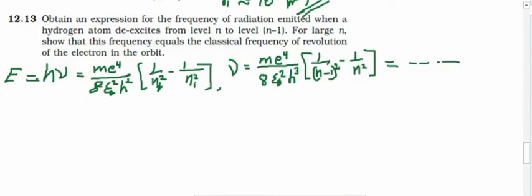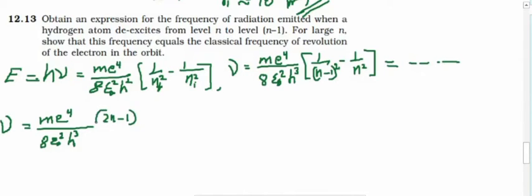When you simplify, you will get nu is equal to m e power 4 divided by 8 epsilon naught square h cube into, in the numerator, 2n minus 1, divided by the denominator, since you have taken the LCM, n square into (n minus 1) the whole square.